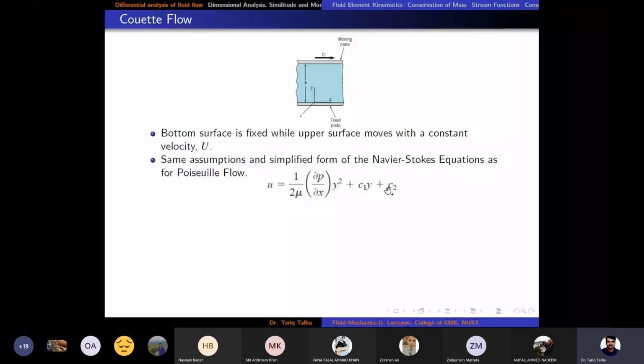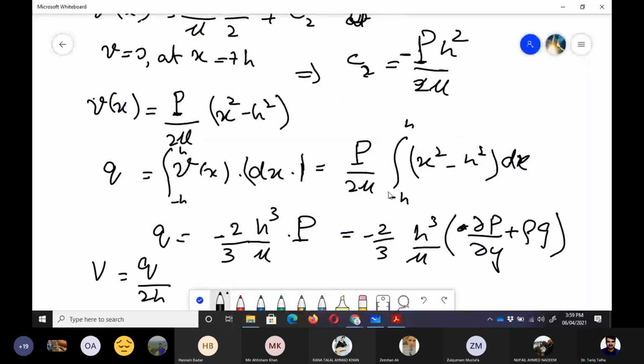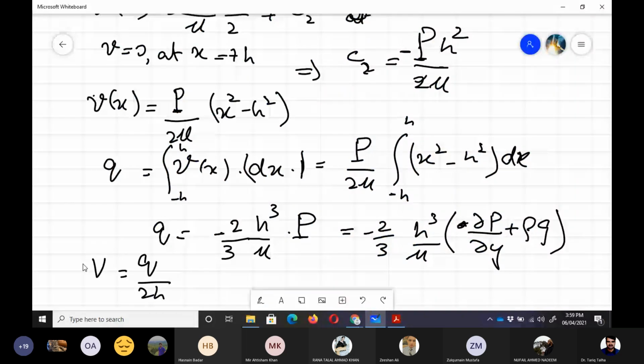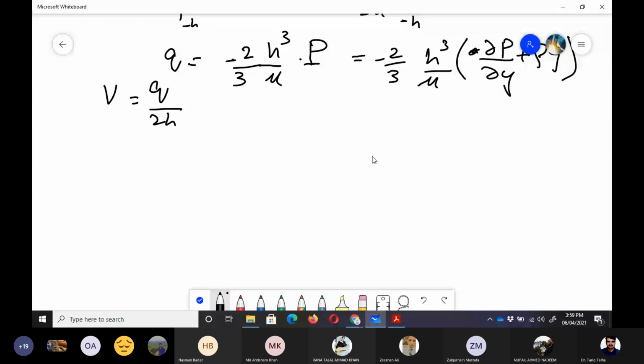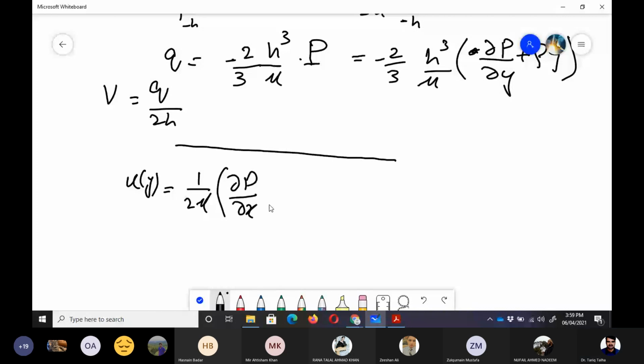Now, if I write this on the whiteboard again: u of y is equal to 1 upon 2 mu into partial p by partial x y squared plus c1 y plus c2. Right, so this is our general profile.